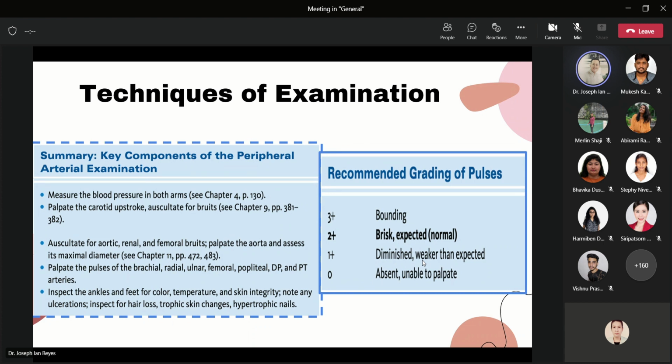So there are different types of grading, but what we use here in PD, based on the book, would be the 0 plus, 1 plus, 2 plus, 3 plus grading. So you have to know what is 0, what is 1, 2, and 3, right? Then you have to check different people, try to feel their pulses if they are a 2 or if they are a 3.